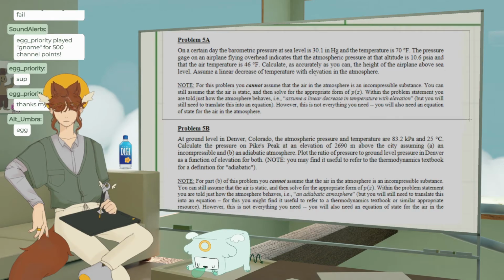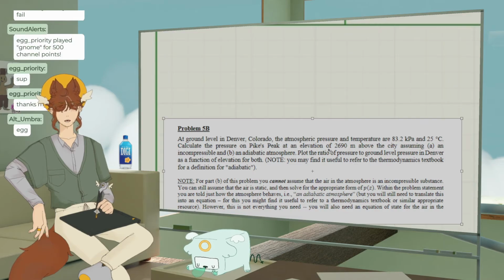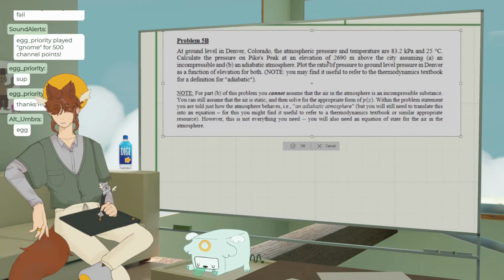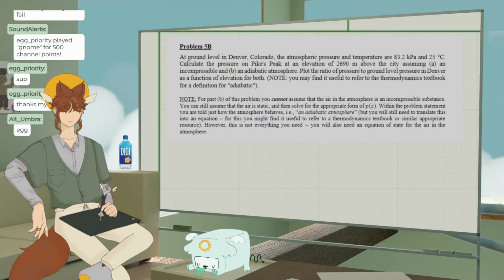But there's also a distributed load question next, and I really want to do that. Okay. So at ground level, the atmospheric pressure is 83.2 kilopascals and 25 C. Okay, we're in C. Thank God.